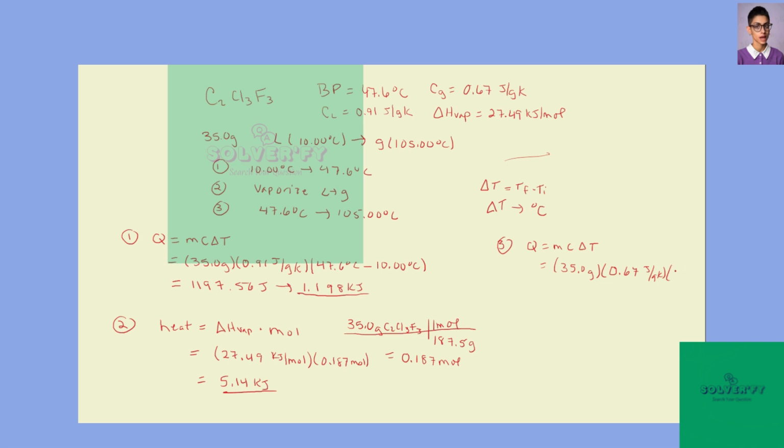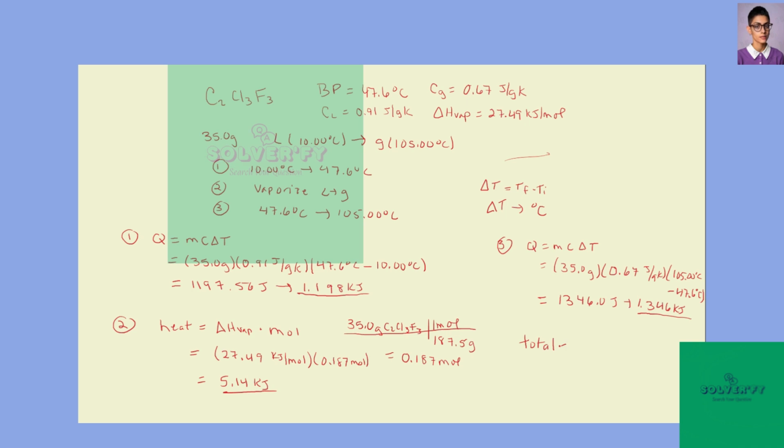And my change in temperature now is 105 degrees Celsius minus the 47.6 degrees Celsius. And for that, I'm going to get 1,346.0 joules, or 1.346 kilojoules. And now I add all three up and I get a total.